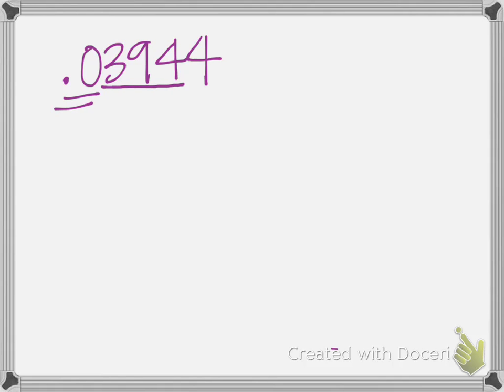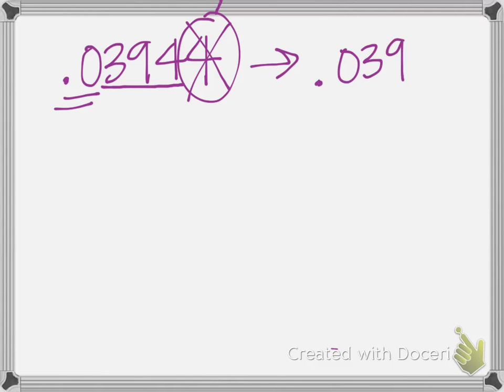Now, I look to the next 4. This 4 does not round up the other 4. It's not a 5 or higher. So I'm literally just going to get rid of it. And my answer is going to be 0.0394. That number, the first 0 doesn't count, and these 3 are significant.